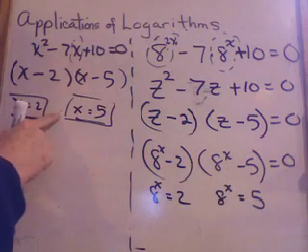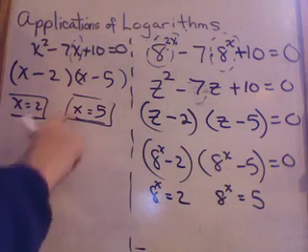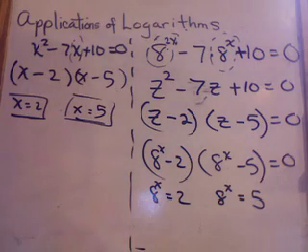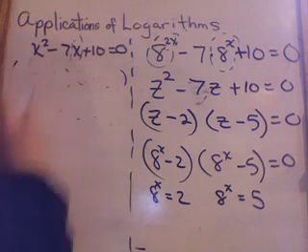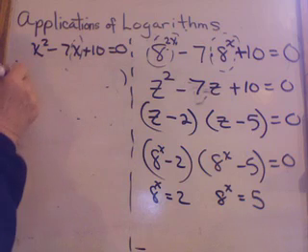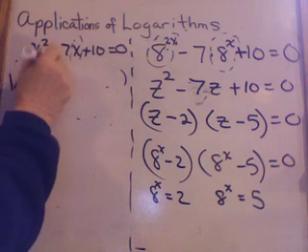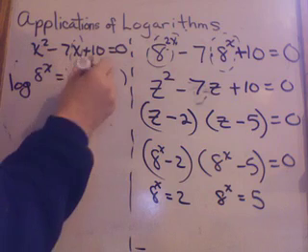In this problem, we were done once we got x equals 2 and x equals 5. Well, I still have to continue solving this for x. Here's the catch. Here's where logs are your best friend, because now I can take the log of 8 to the x equals log of 2.